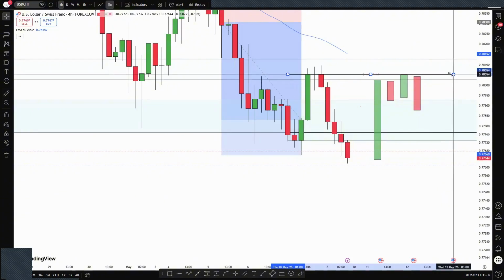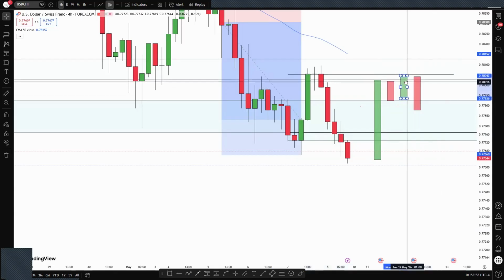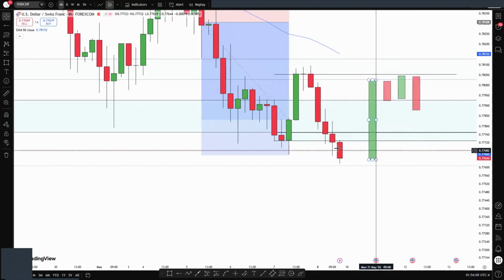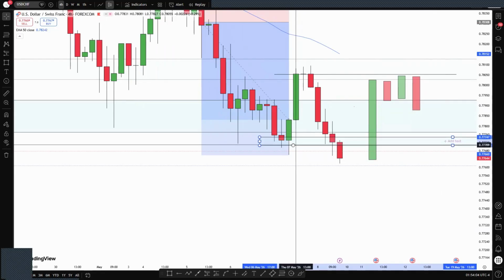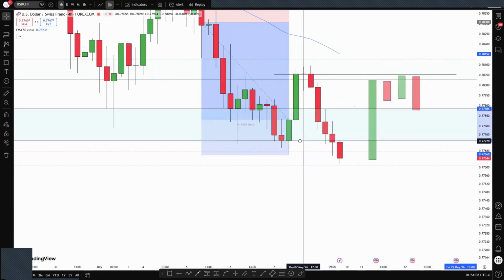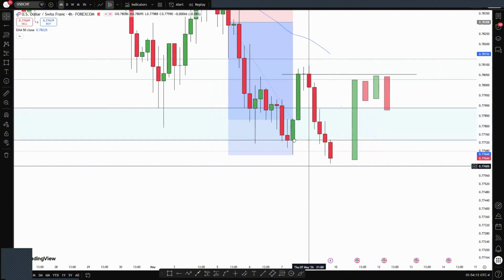Because once price breaks above this level, then the 4 hour is bullish, and I have to start waiting for the 4 hour to go bearish again. For now, to make everything simpler, my level where I can catch my sell starts from this zone.